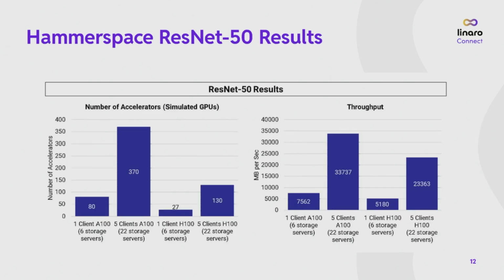This test is based on ImageNet, which involves accessing small files. As we know, in the ImageNet dataset you have a lot of small files. Each file may be 100 kilobytes in size, and each file is a picture, so for AI systems you train on data based on these files.